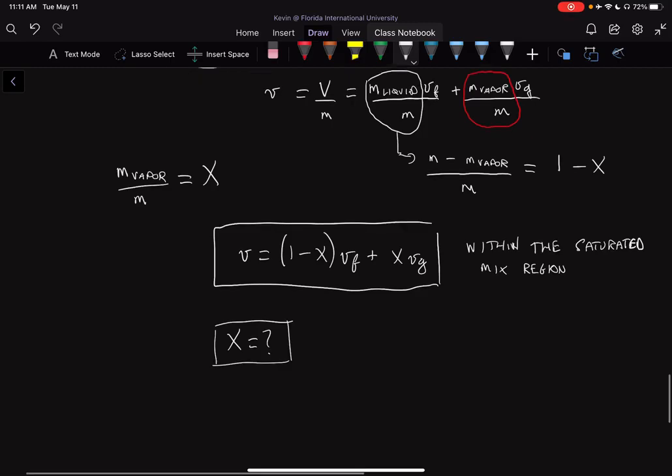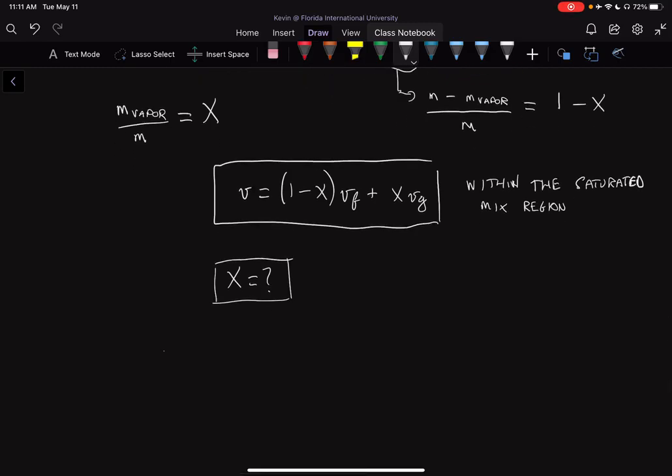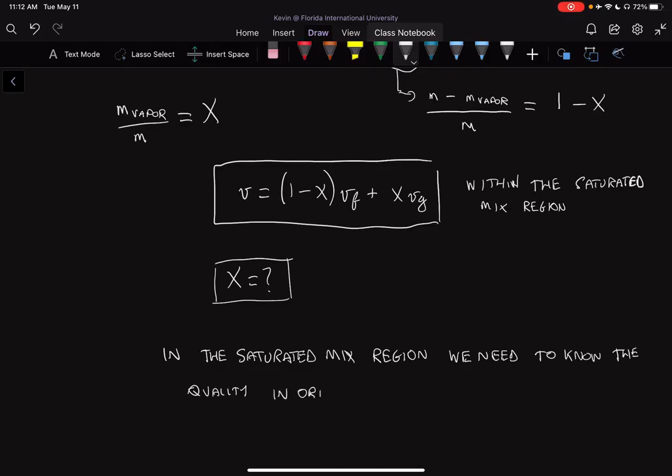So one thing that's for sure is that in the saturated region, which is also the region where everything boils and stays at constant temperature, we need to know the quality in order to find v.